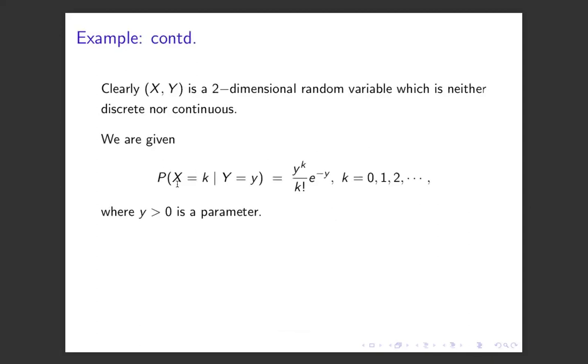So the probability that capital X equals k, given capital Y equals little y, is this Poisson mass function: y to the power k divided by k factorial, multiplied by e to the power minus y, with k varying over 0, 1, 2, etc. So this y is a parameter.